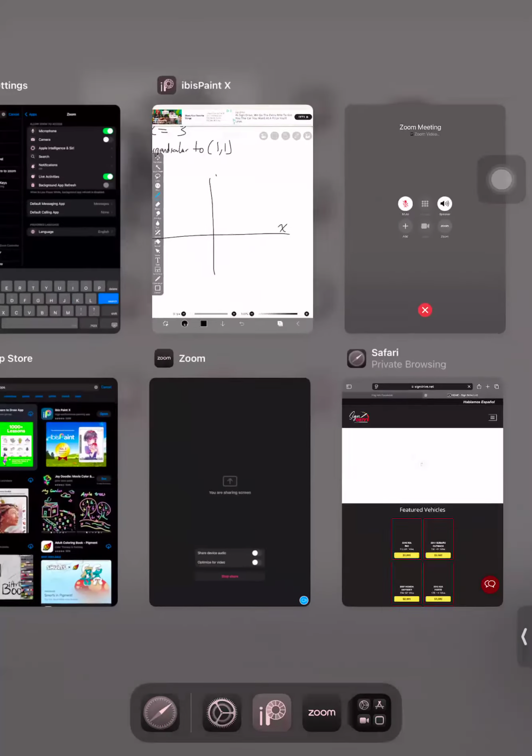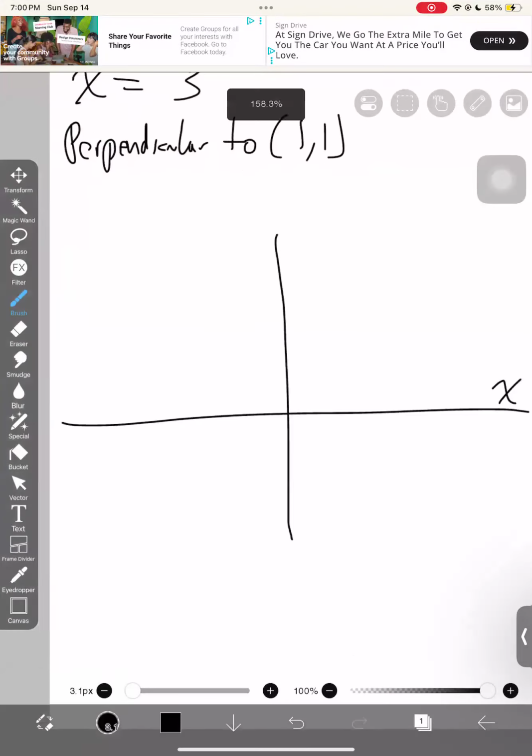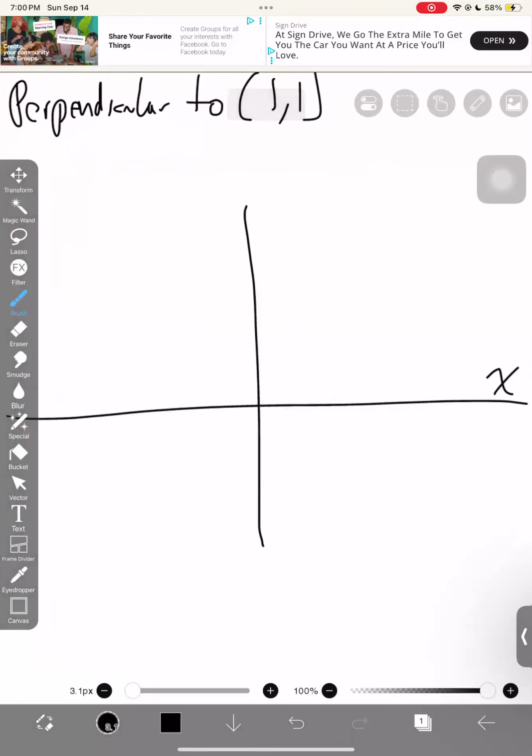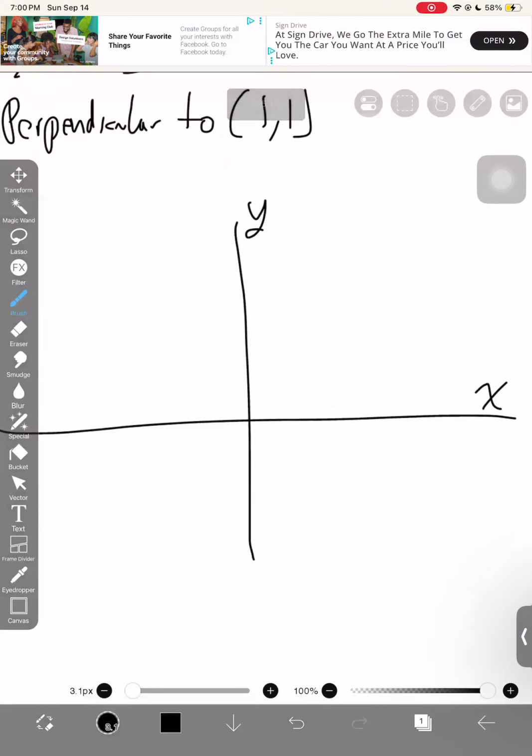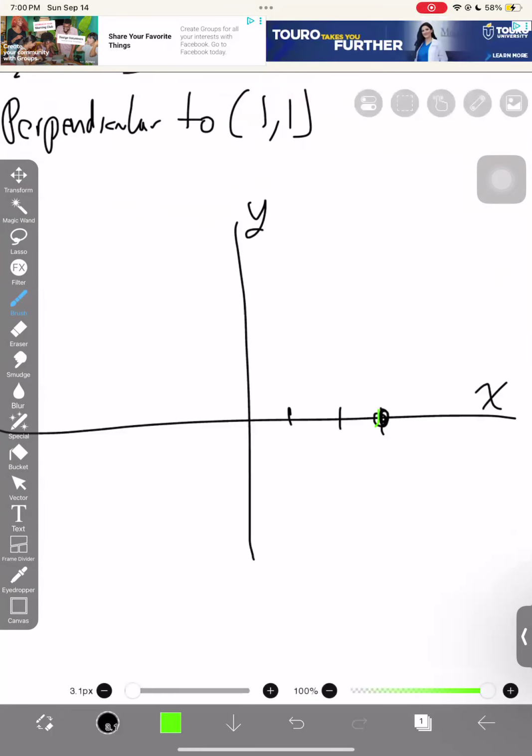This is my y-axis. Right? All I have to do is now do the following. When x is equal to 3, and my line is going to look like this. This is x is equal to 3.